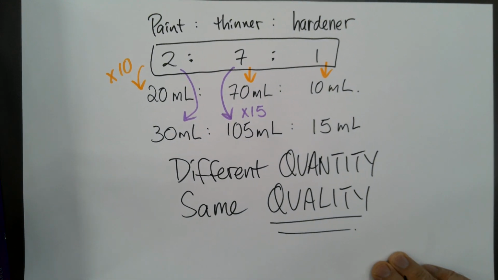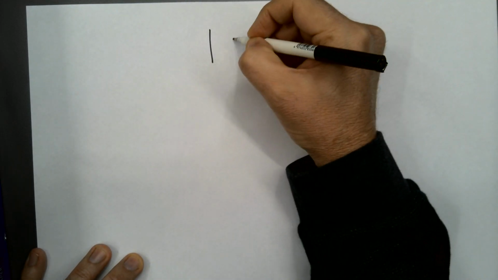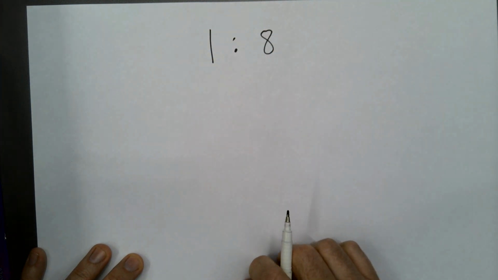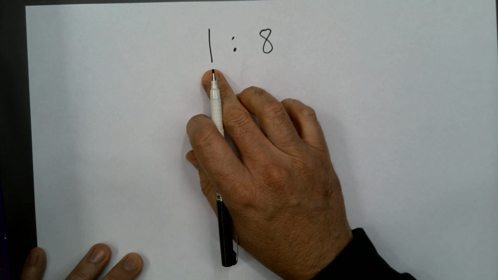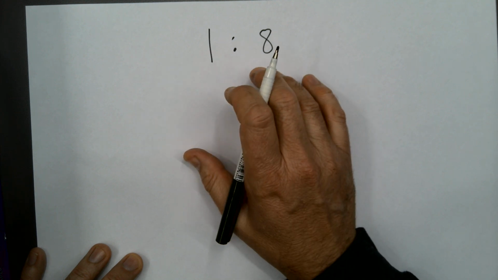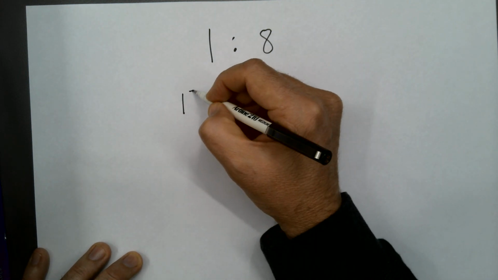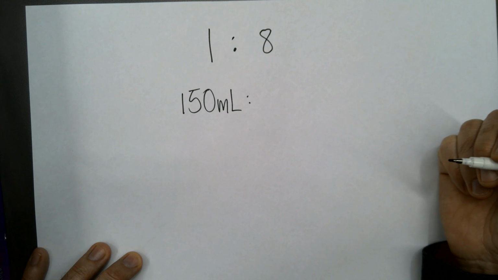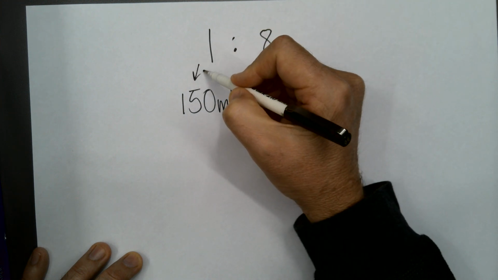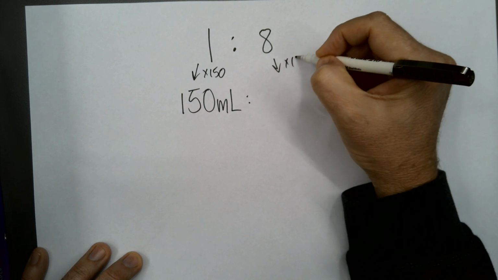So let's look at another example. Let's say I've got 1 is to 8. Okay, maybe this is another paint one. Maybe this is acrylic paint. So you've got paint plus water. Okay. And if I am going to go 150 mils there, well, I've times by 150, haven't I? So I've got to do the same over here.